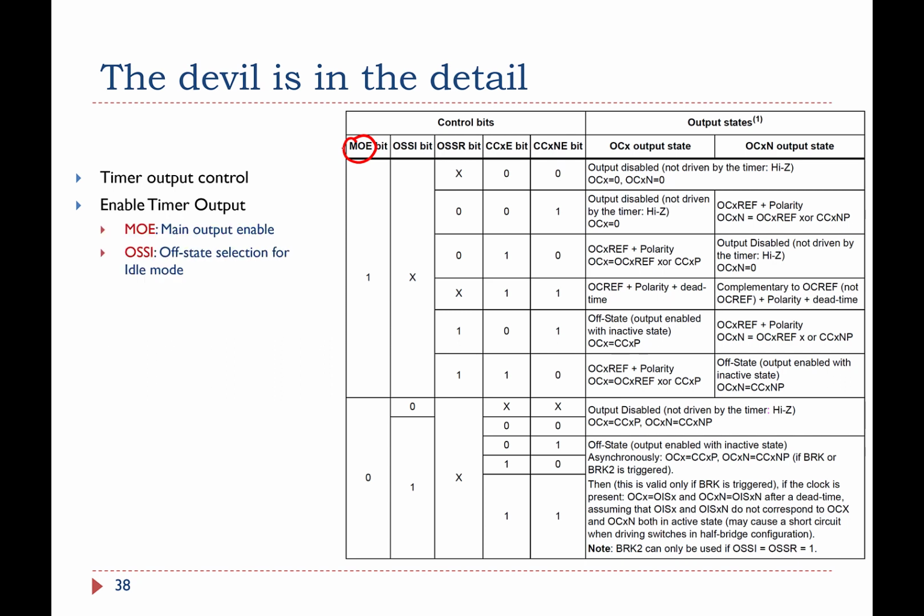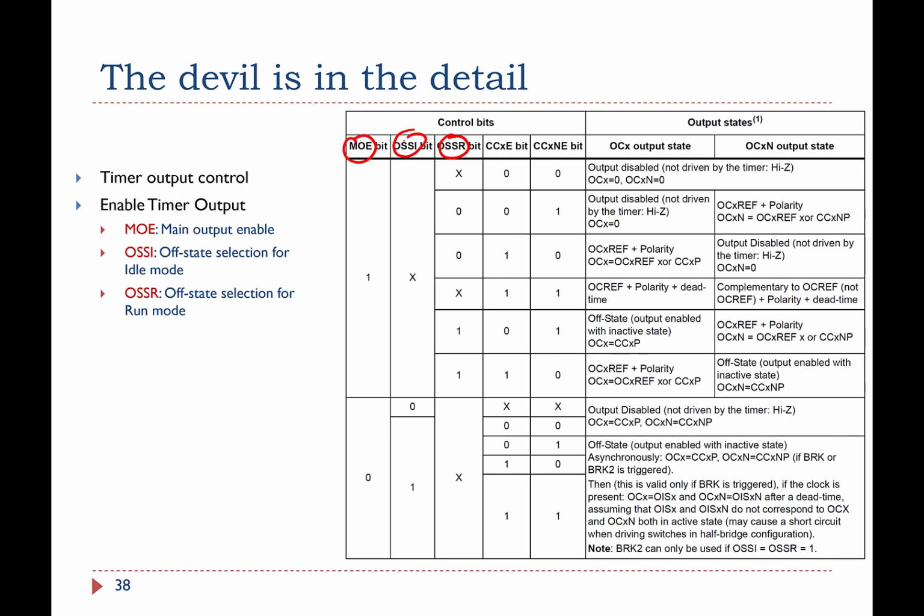And then we have also the OSSI bit, which is the off state selection for idle mode. We have the OSSR bit, which is the off state selection for run mode. So that's this one, and the OSSI was here.